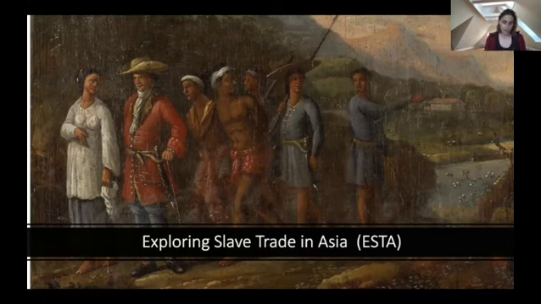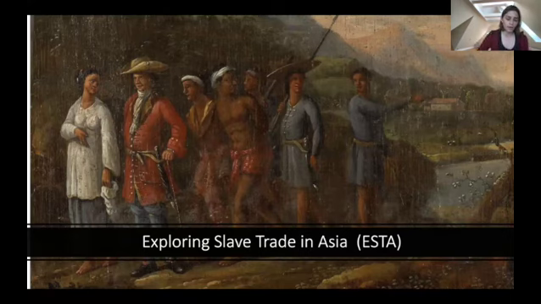According to the team at the ESTA, they intend to reconstruct the study of the Asian slave trade as part of a larger global flow of slave trade in a comparative way. And they aim to provide the field with detailed, systematic, and quantifiable figures and reconstructions for the slave trade. Instead of merely rough estimates, they want to come up with pretty hard numbers.